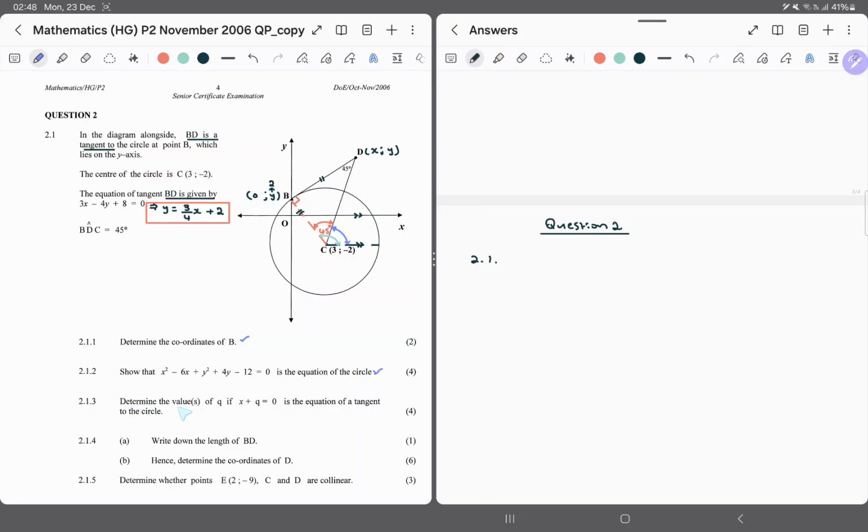Determine the value or values of Q if X plus Q is equal to 0 is the equation of a tangent to the circle. So we need to sort this out.